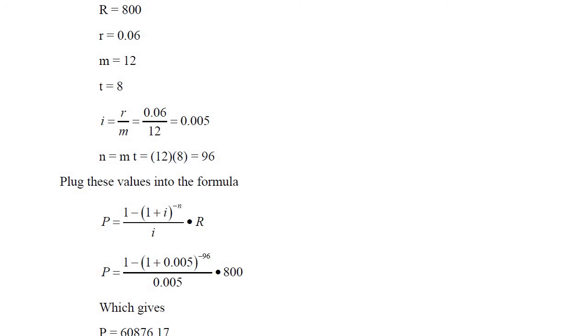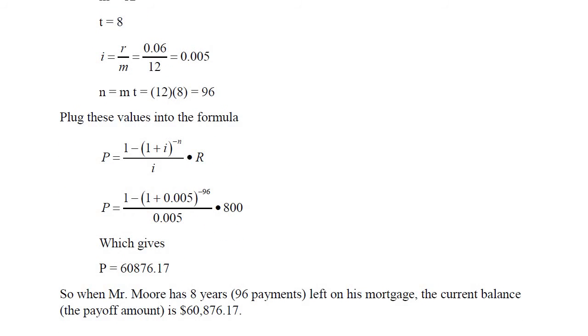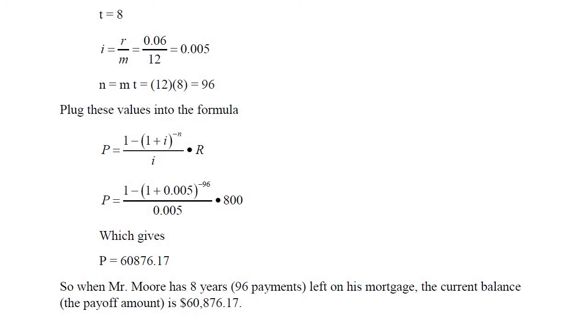And then when we calculate that, that gives us $60,876.17. So when Mr. Moore has 8 years, 96 payments left on his mortgage, the current balance, the payoff amount, is $60,876.17.